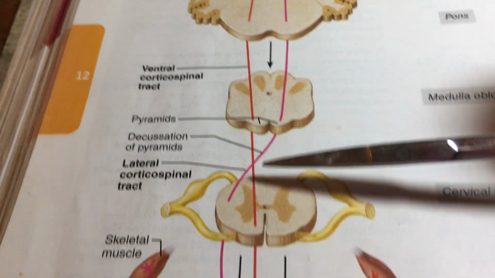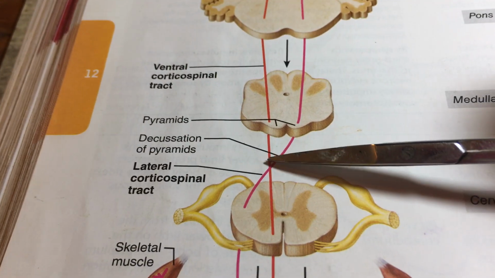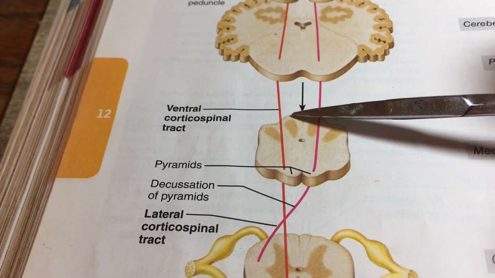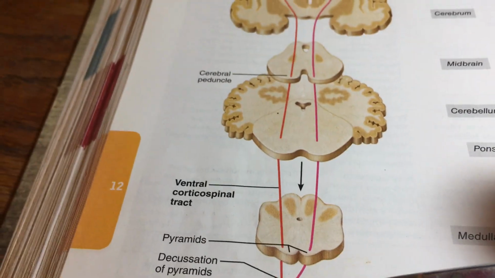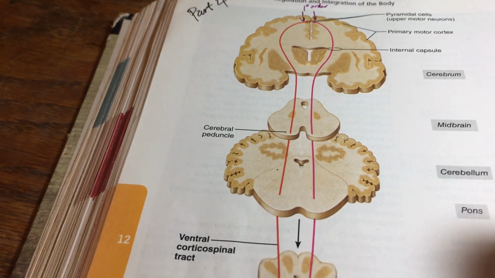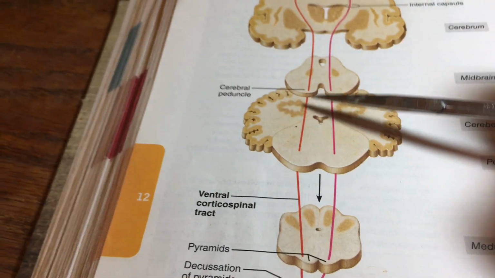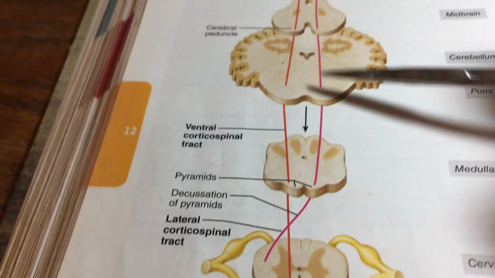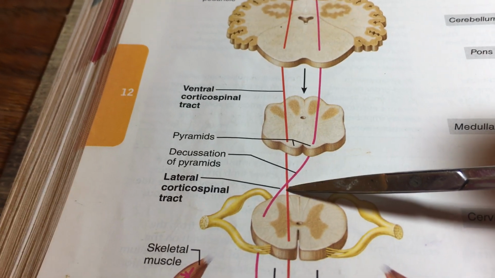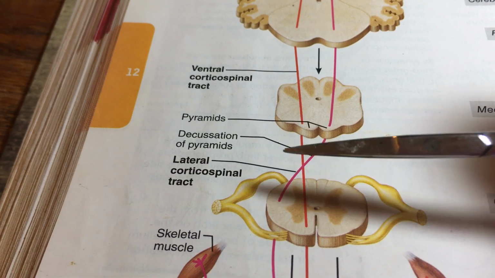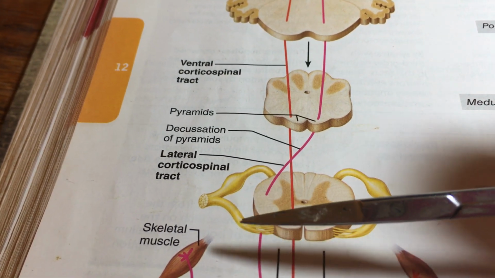And who's this guy that's already crossed over? Did I say the wrong thing before? No, I didn't. So the second one we just did is this guy, because it decussated. That's the lateral corticospinal.